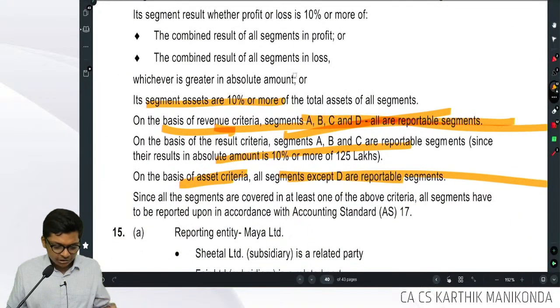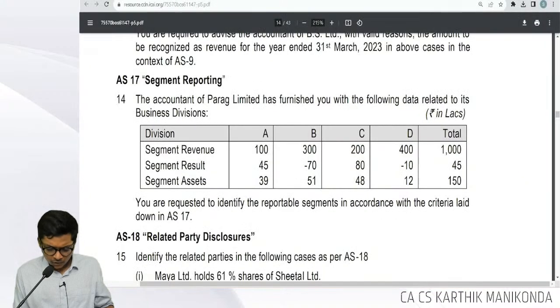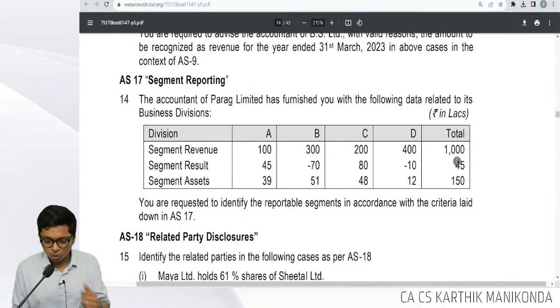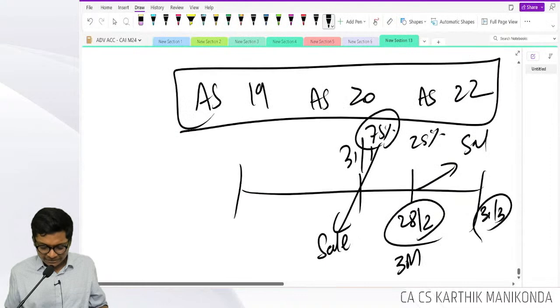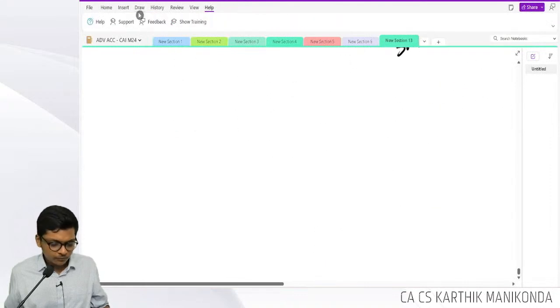Sorry, this is total, guys. I mistook total. Leave the total part. So profit is 80 plus 45. Let me just write that down to avoid confusion.